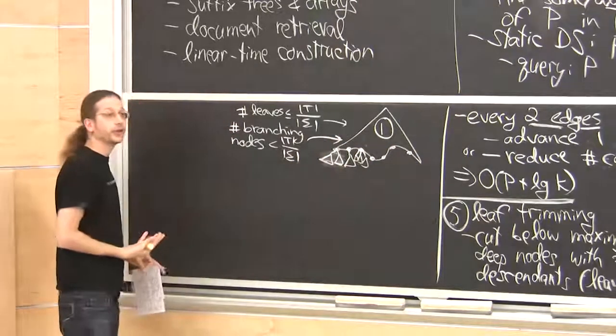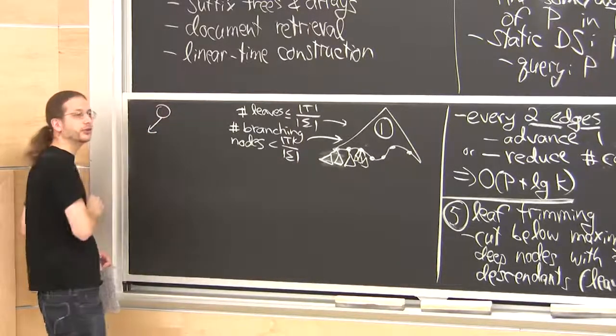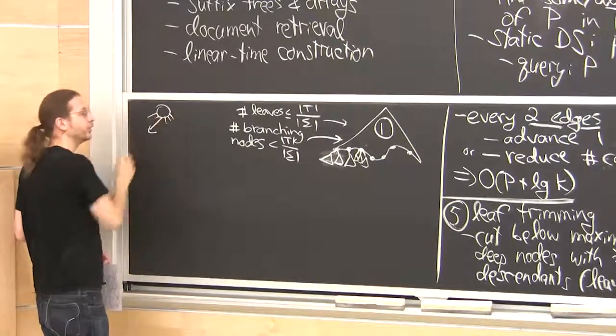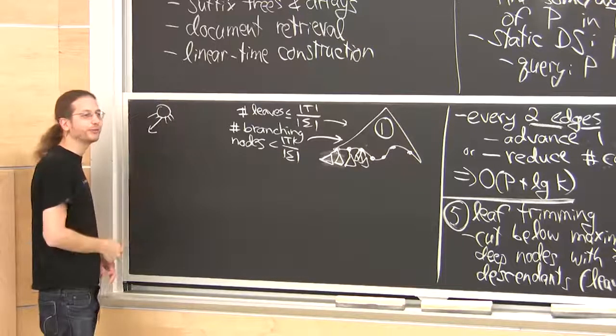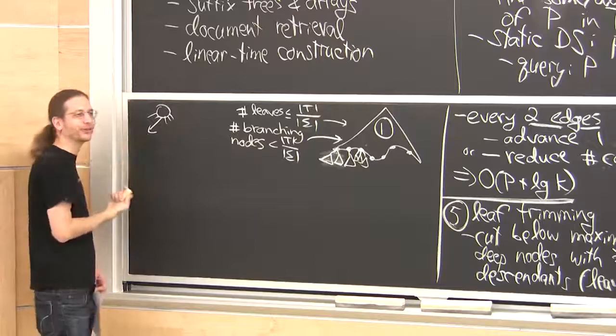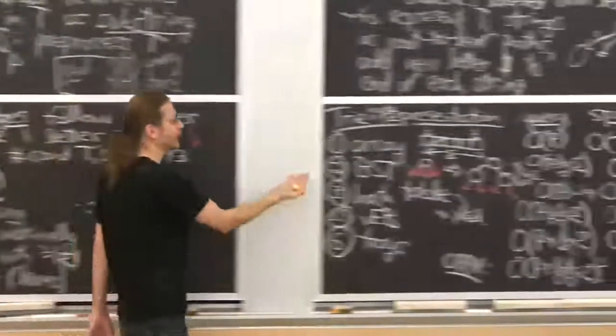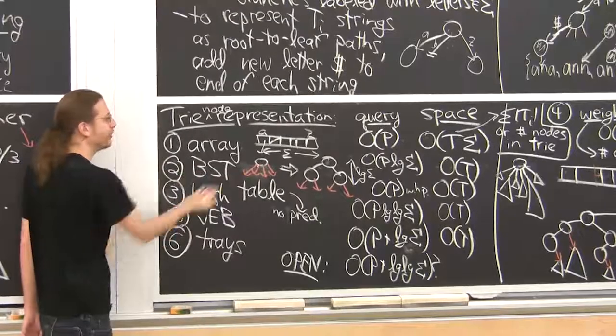I can't use it on the non-branching nodes. Non-branching nodes are nodes with a single descendant and everything else is null. What do I do for those nodes? Not very difficult. I just store that one pointer and I store its label. You could think of that as method 2 in a very trivial case. You see, is this the right label?